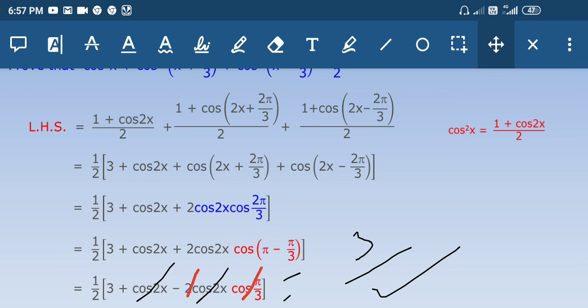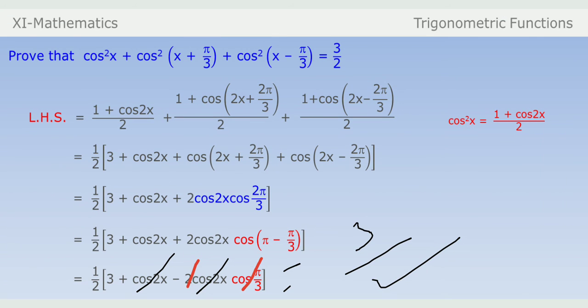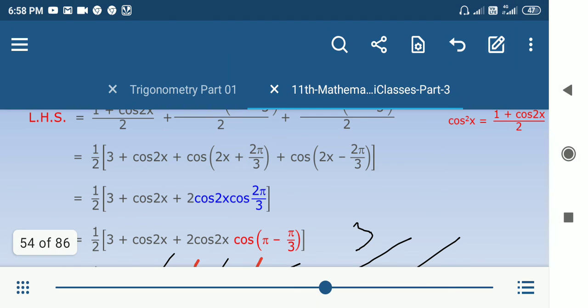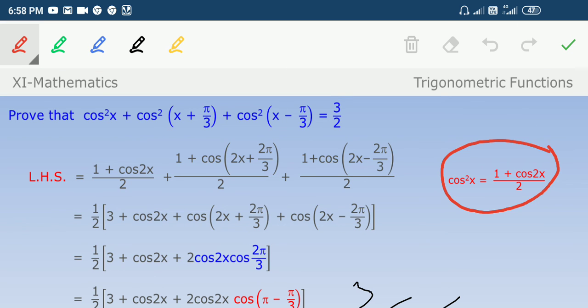So this is the solution of the two questions. Okay students, just see how I have solved this question. Here the only important thing is that you have to pay attention to the formula cos square x equals 1 plus cos 2x by 2. This one is the most important formula.